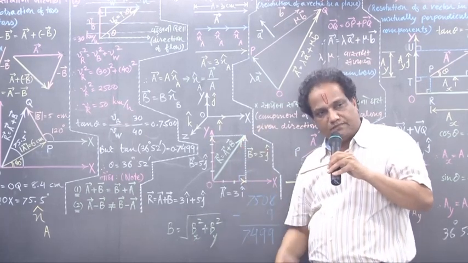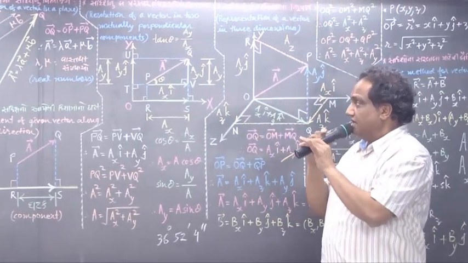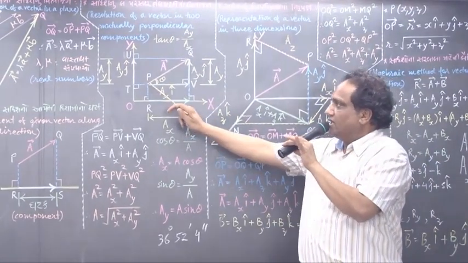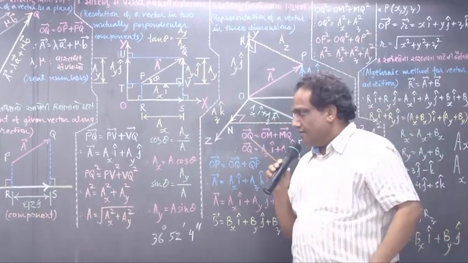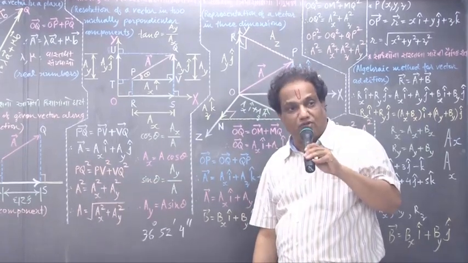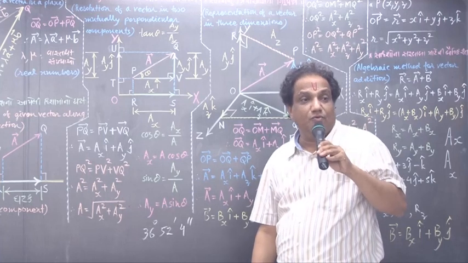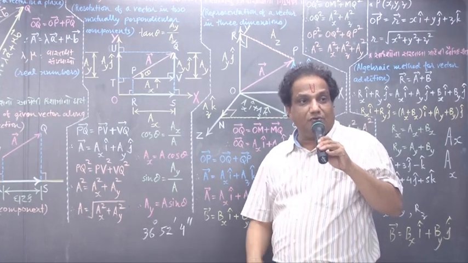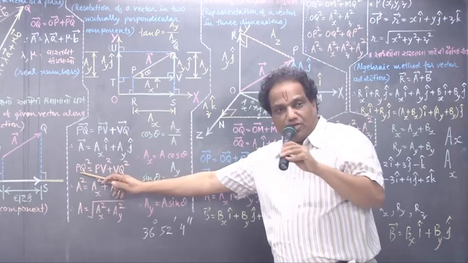Sir, PQ equals vector A. You have written vector PQ equals vector AX i hat. Vector PQ is vector A. There you have written PQ square equals A square. But PQ is not vector PQ. PQ is the magnitude of vector PQ, the length.